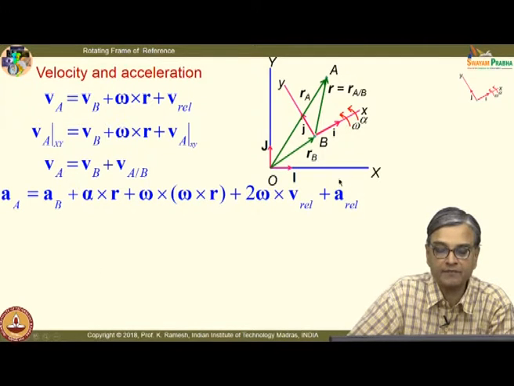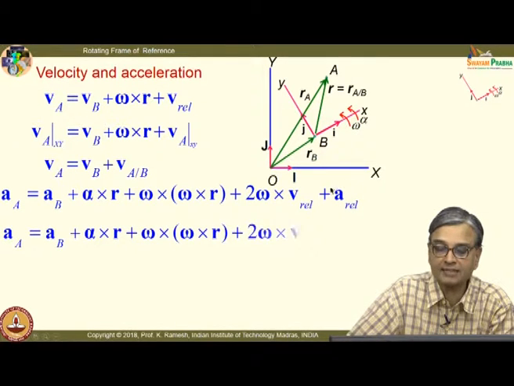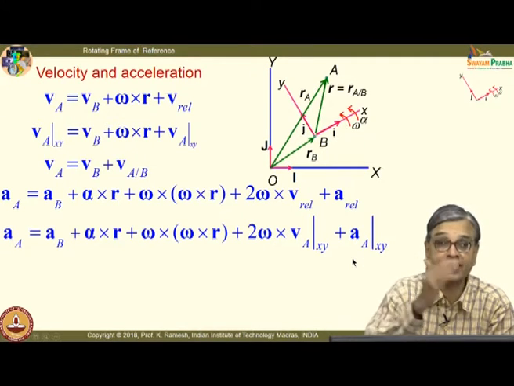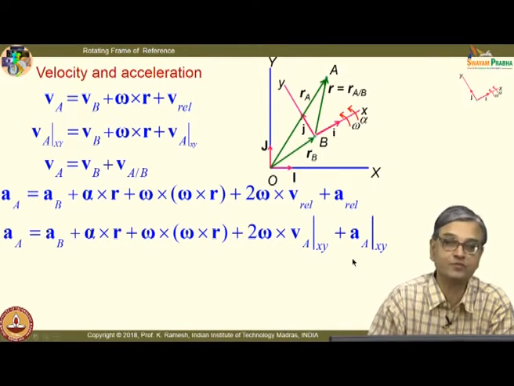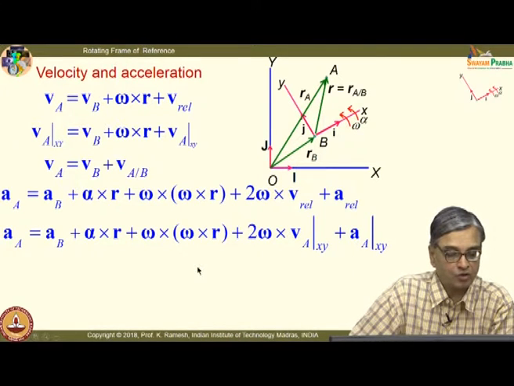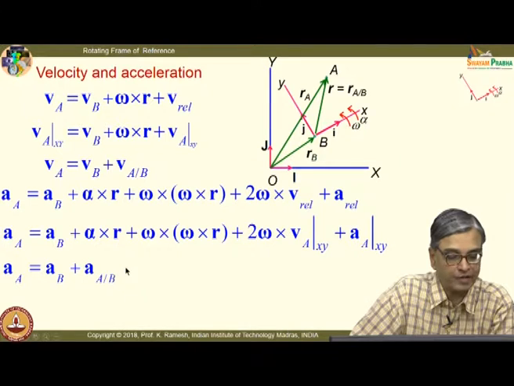Here again you have a_rel, which is to be viewed as the acceleration that could be measured by an observer sitting and rotating with the rotating frame of reference. That is very important. And you can also have this as A_A equal to A_B plus the acceleration of A with respect to B.